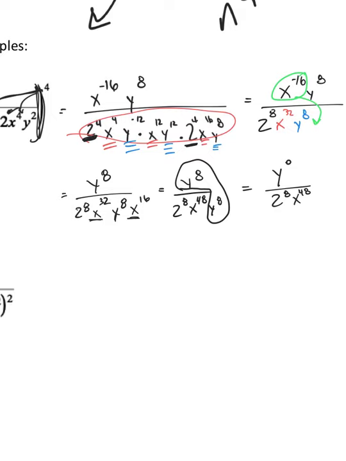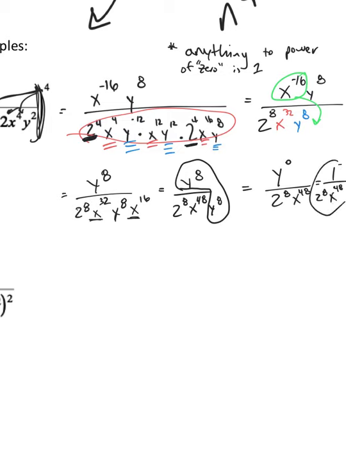And guys, it's not really a property, it's just anything, so maybe make a note of this: anything to the power of 0 is 1. Guys, y to the power of 0 is just 1. So this is 1 over 2 to the 8th x to the 48th. That is the simplified version.